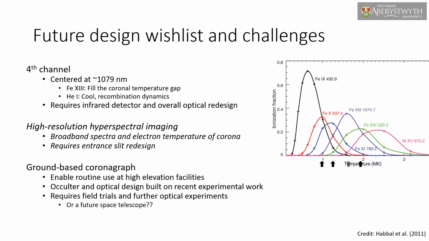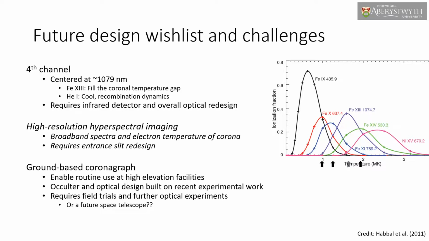Next, we'll be aiming for a high-resolution hyperspectral imager, which will record broadband spectra in detail. I'll talk about this more in a moment. Finally on the wish list, probably more than a couple of years out at this point, is a ground-based coronagraph. With this additional component, we'll be able to reproduce solar eclipse conditions at will at high elevation sites.